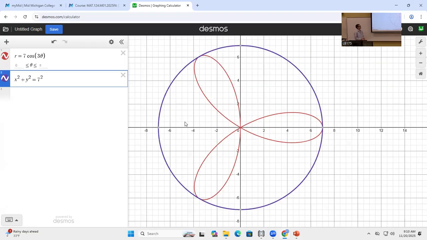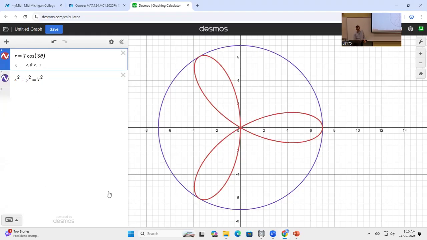That rose curve is inscribed inside the circle of radius 7. Does that make sense? And you'll notice that not only is this petal 7 units long, but also these other 2 petals are also 7 units long. They're all identical, basically.